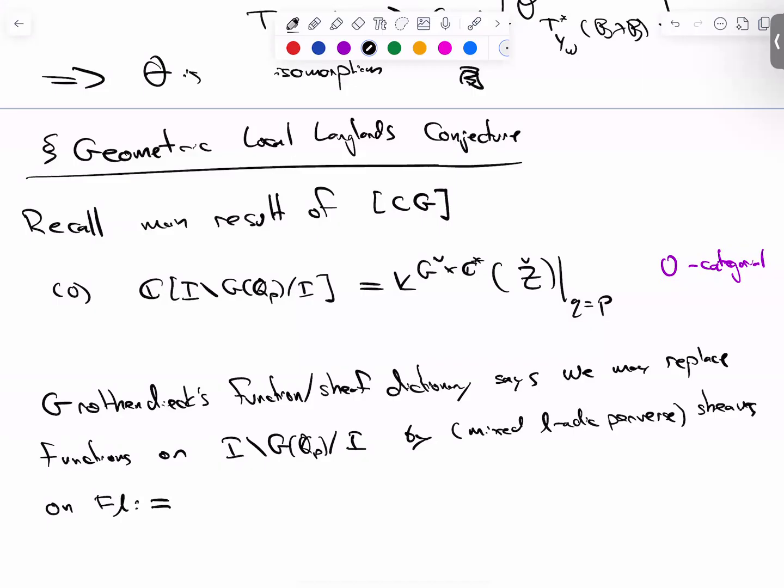So this is going to be F_p bar Laurent series mod Iwahori.